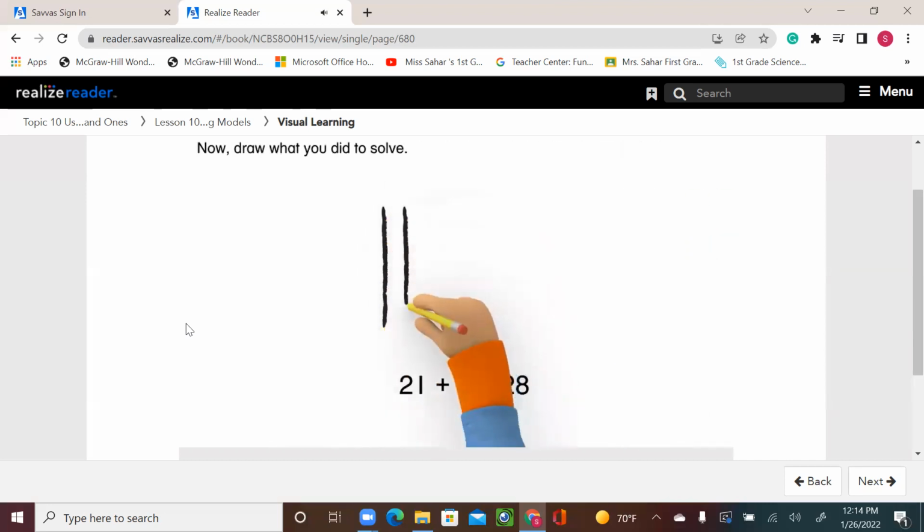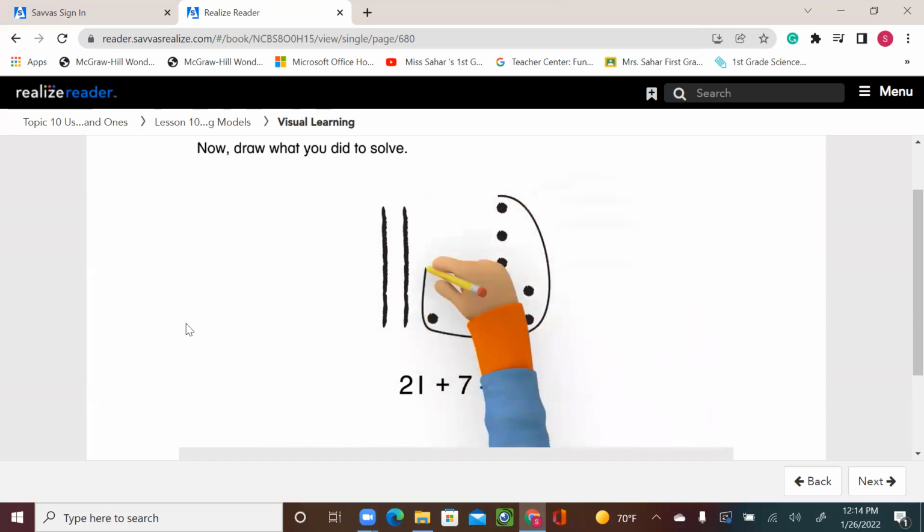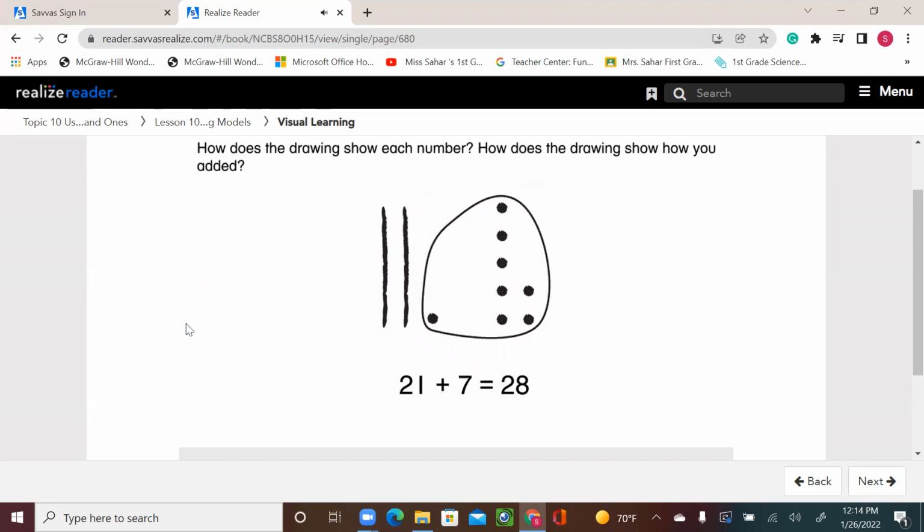Now draw what you did to solve. I added the ones first. How does the drawing show each number? How does the drawing show how you added? The drawing shows that you added all the ones together.